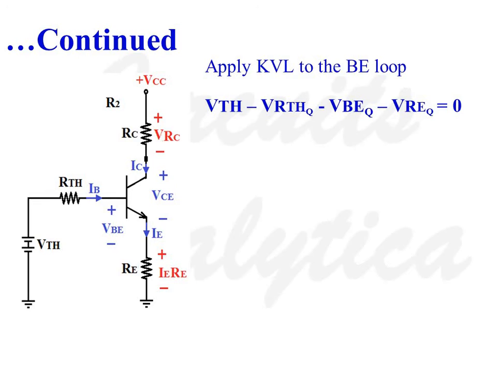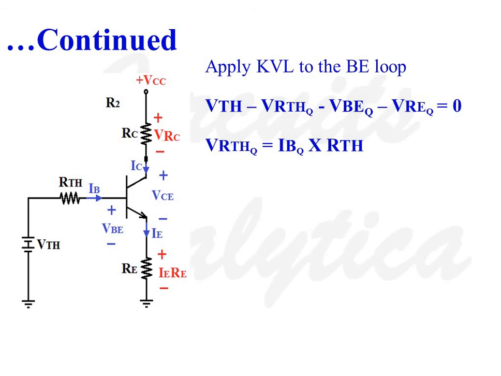VTH minus VRTHQ minus VBEQ minus VREQ is equal to 0, where VRTHQ is the voltage drop across the Thevenin equivalent resistance when there is no input signal, VBEQ is the potential difference between base and emitter of the transistor when there is no input signal, and VREQ is the voltage drop across the emitter resistance RE when there is no input signal.